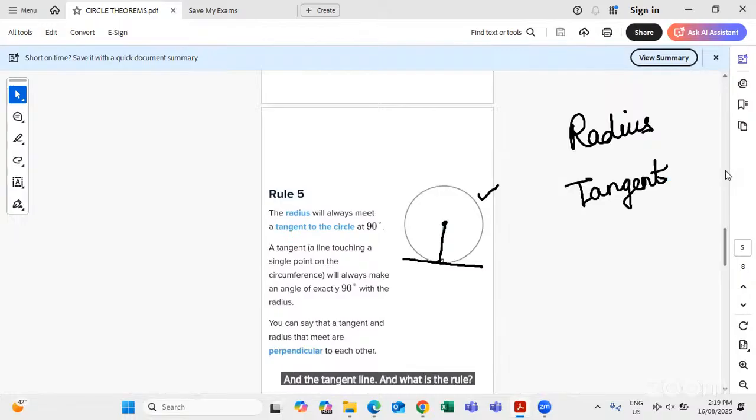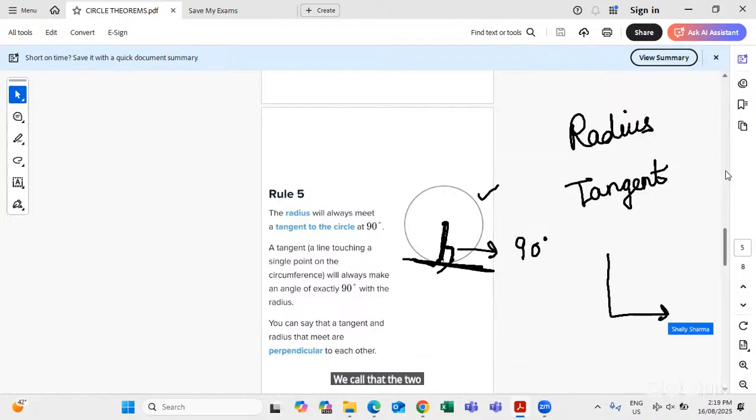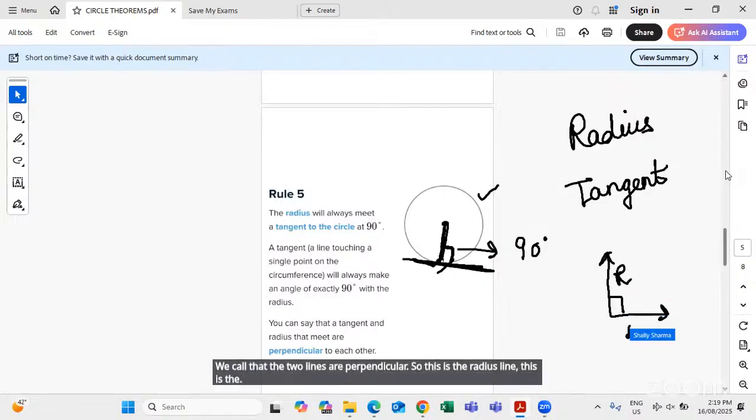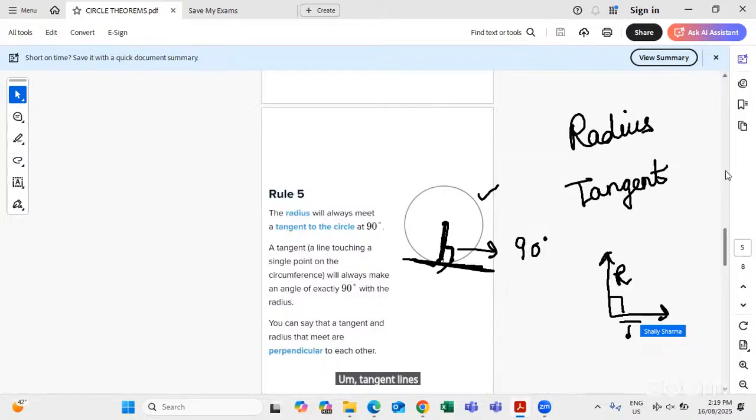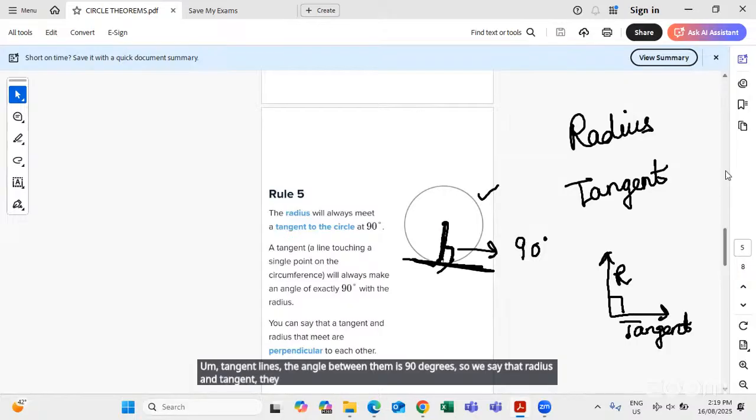It connects through an angle: the angle made between the radius and the tangent to the circle is always 90 degrees, or the radius is perpendicular to the tangent. When the angle between two lines is 90 degrees, we call the two lines perpendicular. So this is the radius line, this is the tangent line, the angle between them is 90 degrees. So we say that radius and tangent are perpendicular.